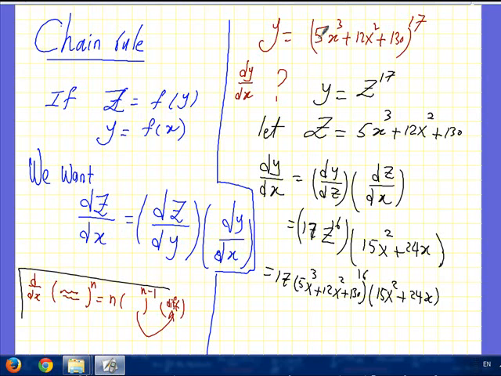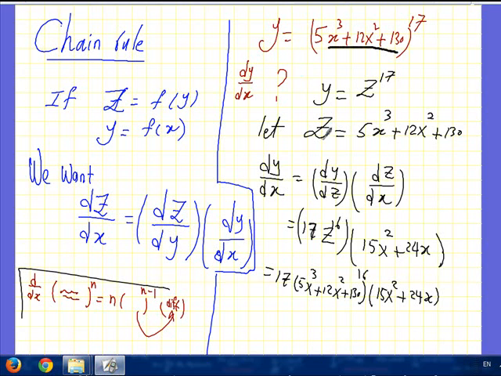For this reason, if we have a bracket to the power 17, for example, with 5x cubed plus 12x squared plus 130 inside the bracket, we can name all the terms inside the bracket by z. So y will be equal to z to the power 17, while z equals 5x cubed plus 12x squared plus 130.